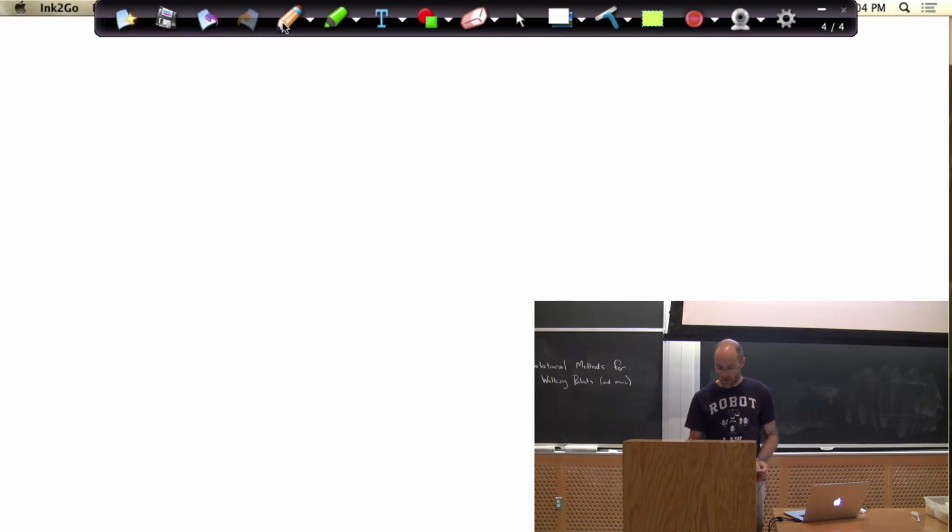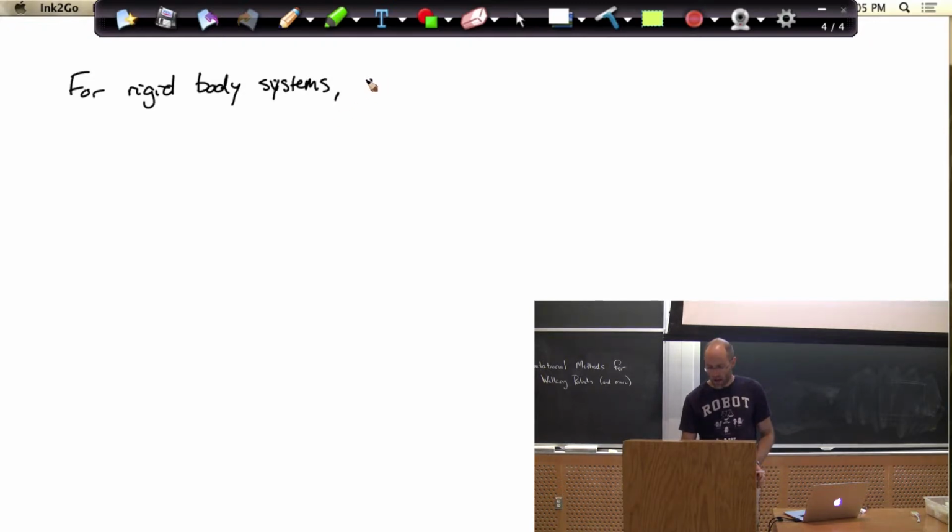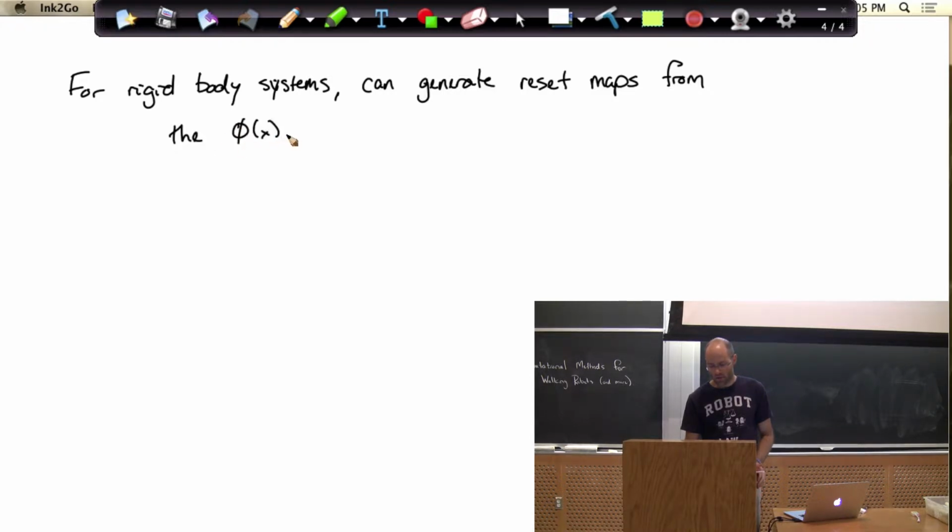Okay, so just to say it again here, for rigid body systems, if you start giving me the constraints, I can generate the impulsive dynamics from these guards, if I know the pre and post modes.